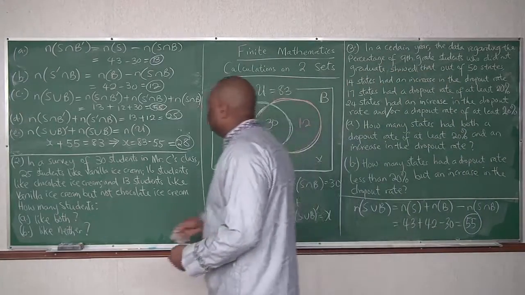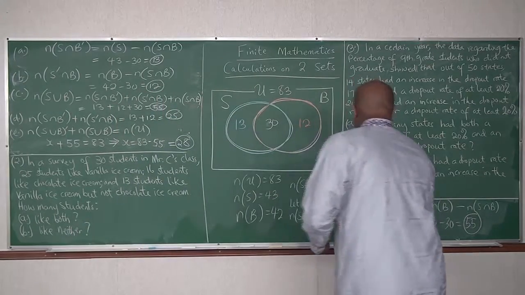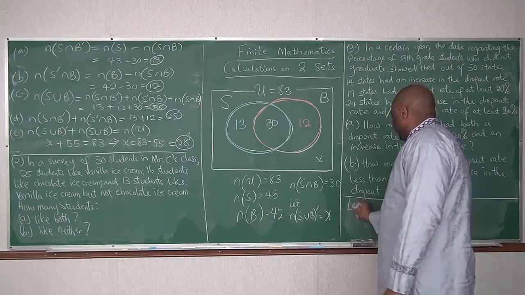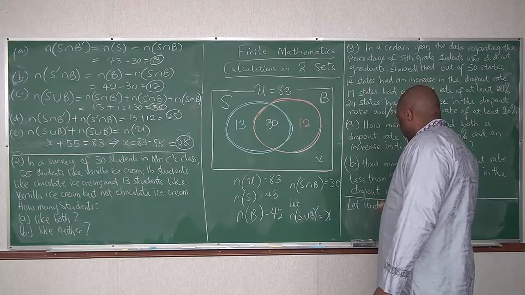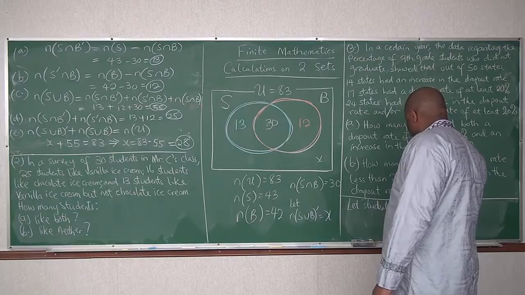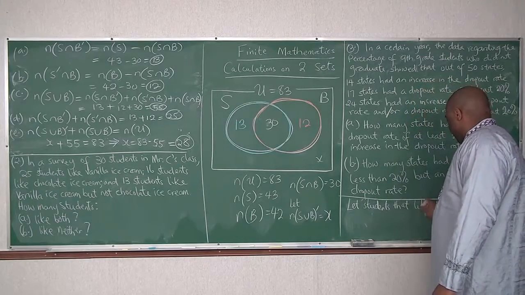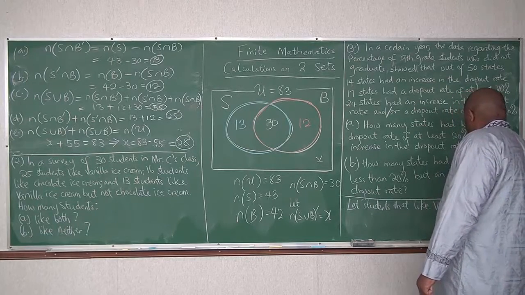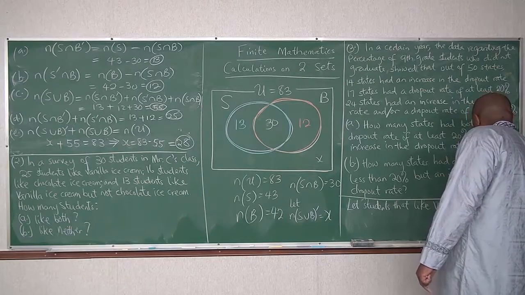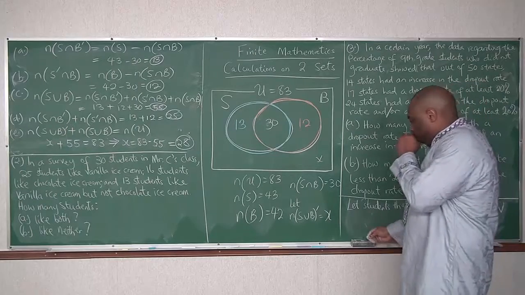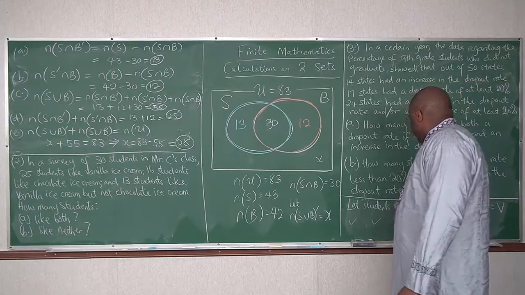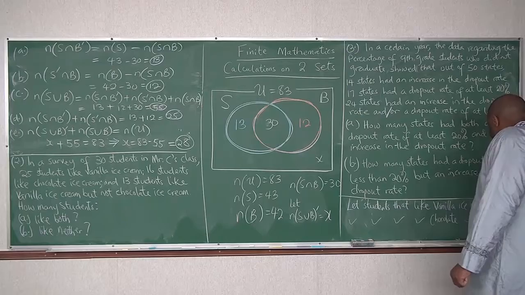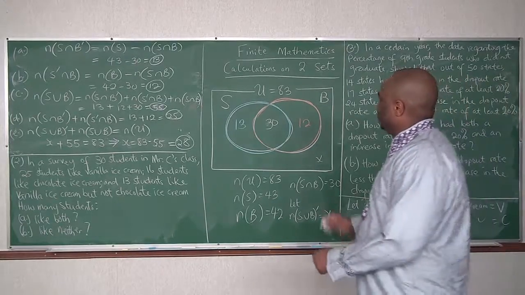Alright, let's define the set as usual. The first thing we do, let's go ahead and define the set. We say let students that like vanilla ice cream be V. Let's call it V. And then let students that like chocolate ice cream be C. So we're going to still use this.